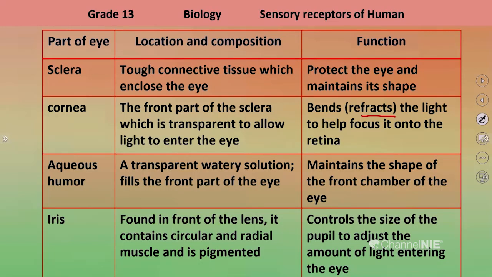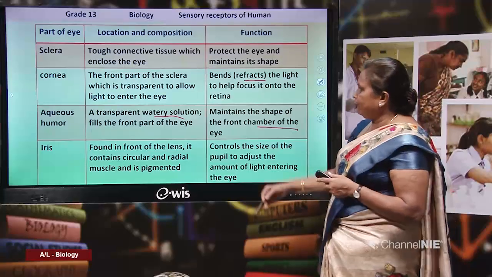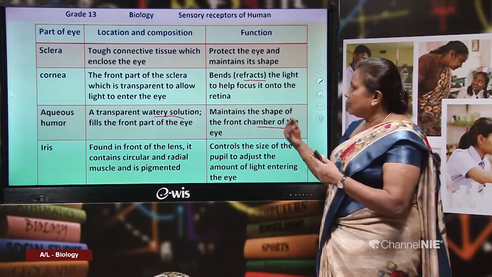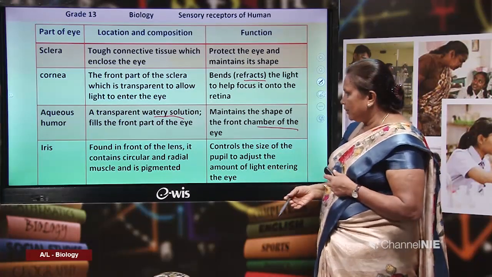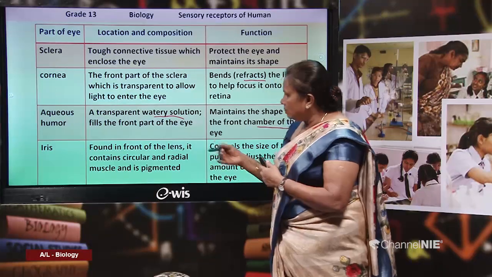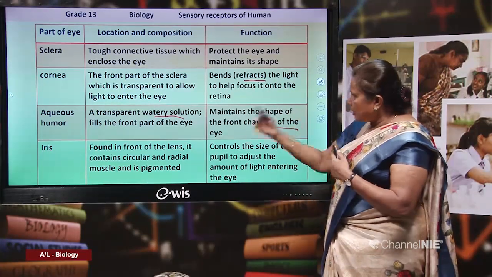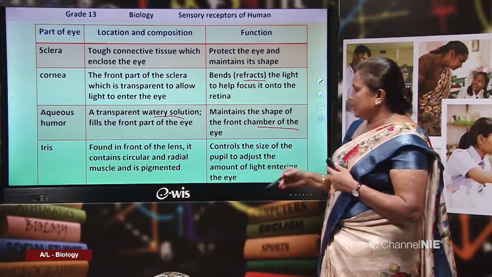Aqueous humor, a watery solution present in the front part of the eye, maintains the shape of the front chamber of the eye. So if you go back to the diagram, then you can see these parts again. If you've forgotten any part, just move back to the diagram and see.